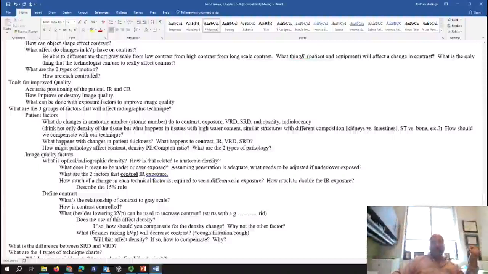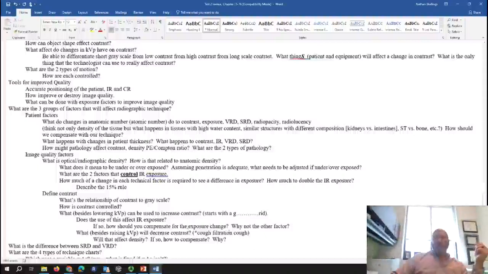Use of a grid is going to decrease image receptor exposure, so you need to increase your mass. Compensate for density change. Exposure change. I thought I caught all this. I apologize for the wasted time correcting this.